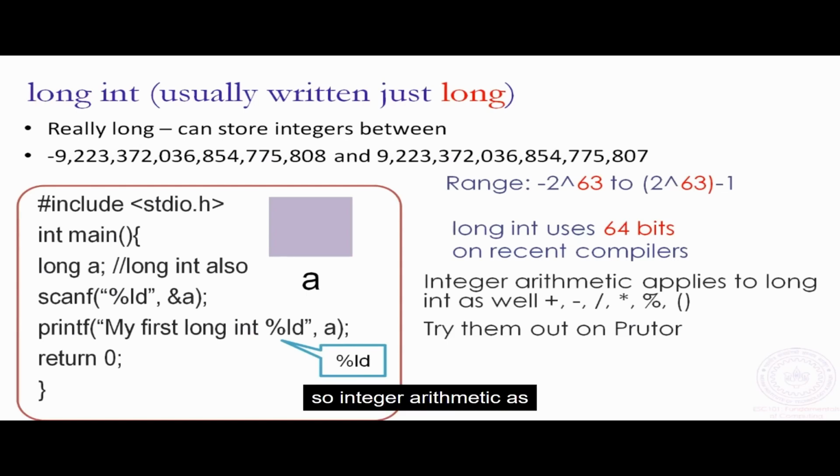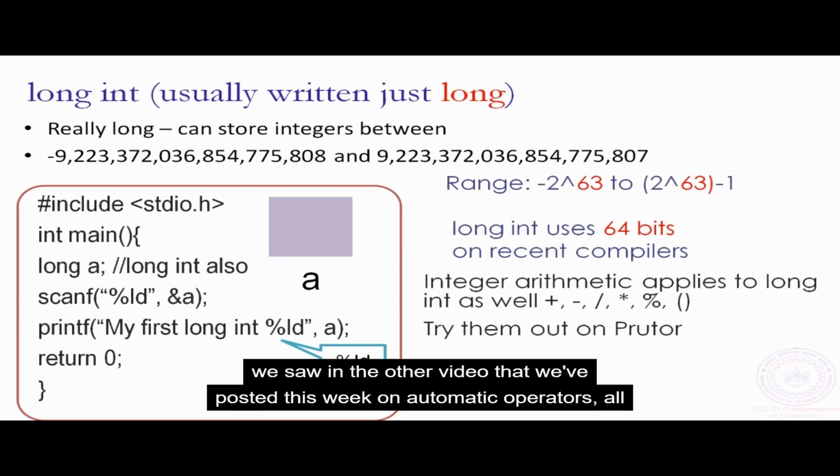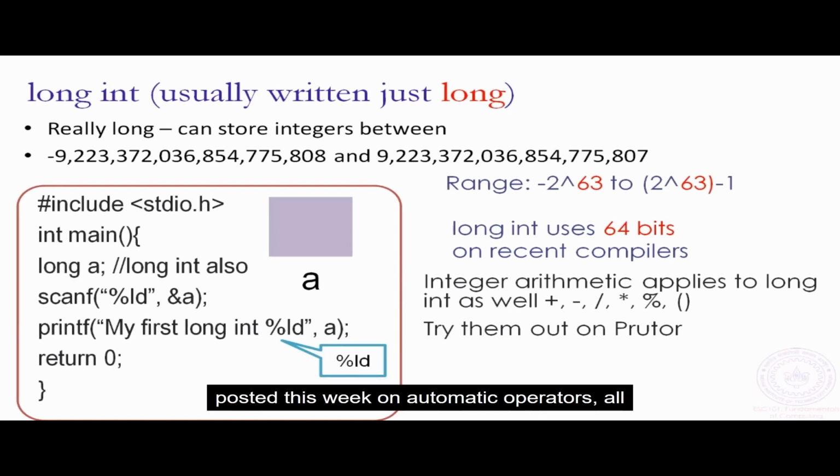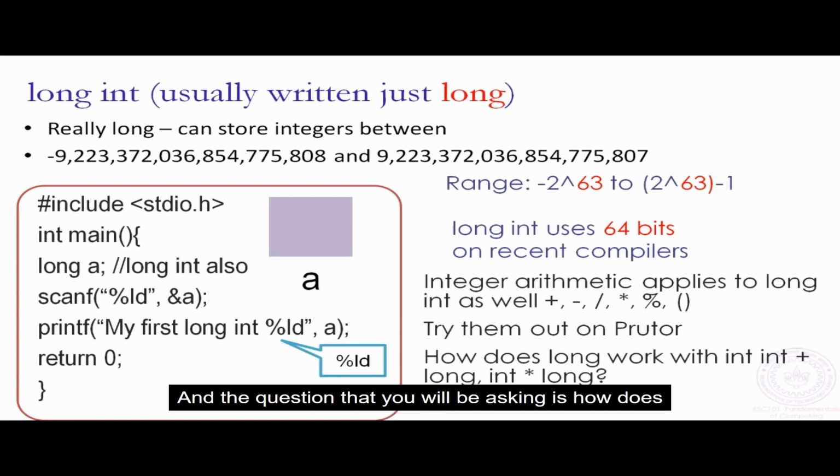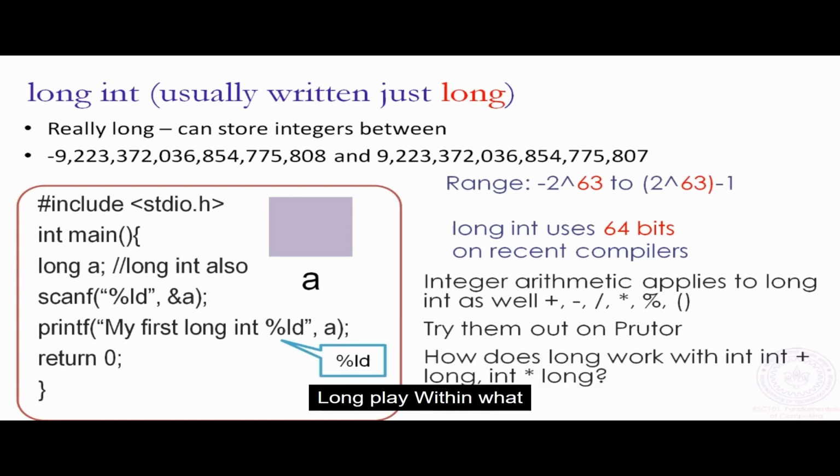So, integer arithmetic, as we saw in the other video that we've posted this week on arithmetic operators, all of those operations apply to long int as well as int. And feel free to try them out on Pruter. And the question that you'll be asking is, how does long play with int?